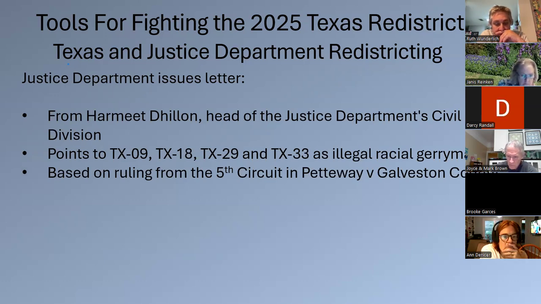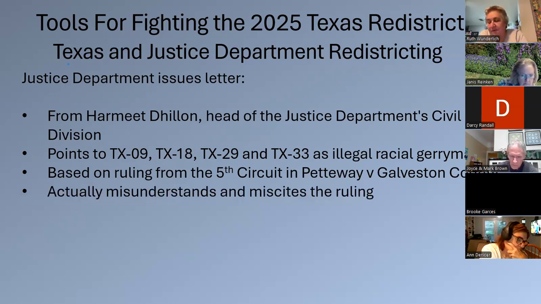Galveston County, and it badly miscites and misunderstands the ruling. They're claiming the ruling makes racial gerrymandering illegal. The Voting Rights Act very clearly says that taking race into account is important so that the minority has a voice in the election.